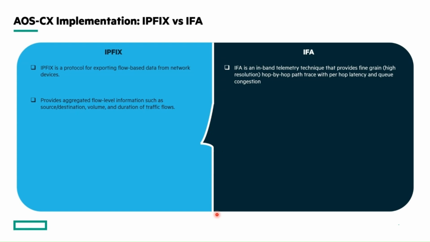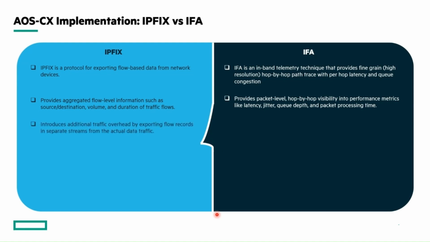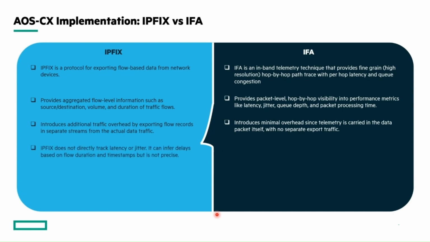IPFix provides aggregated flow level information such as source and destination, volume, and duration of traffic flows. IFA provides packet level hop by hop visibility into performance metrics such as latency, jitter, queue depth, and packet processing time. IPFix introduces additional traffic overhead by exporting flow records in separate streams from the actual data traffic, whereas IFA introduces minimal overhead since telemetry is carried in the data packet itself with no separate export traffic.